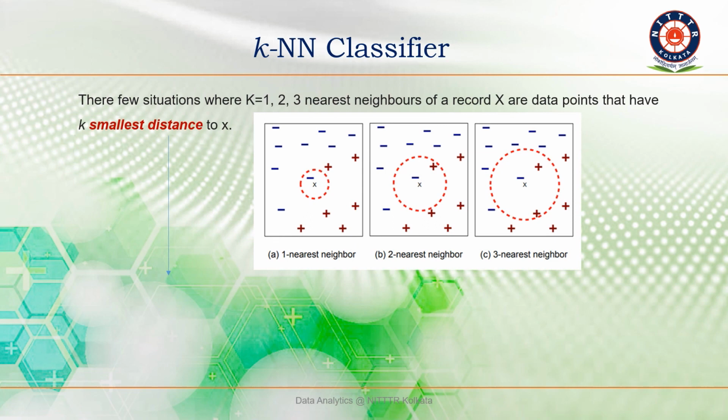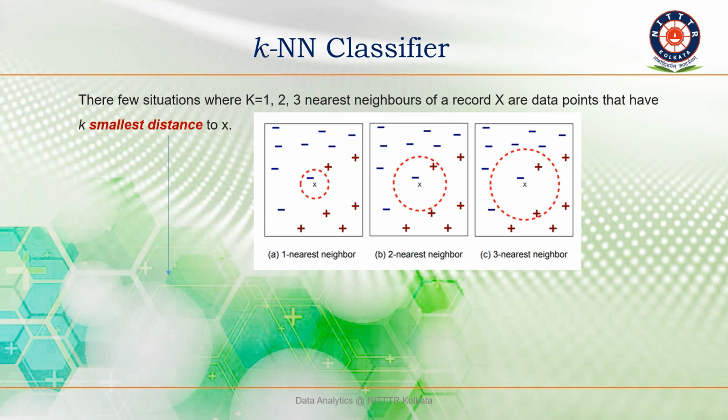So, in this diagram you can see 3 neighbors have been considered as the closest to the test record, that is the red dotted point, and we find all the 3 training data points are from the plus class, that is class 1. So, the red unknown record can be classified in the class which has the plus symbols.